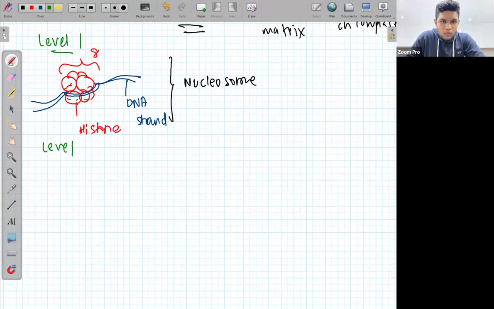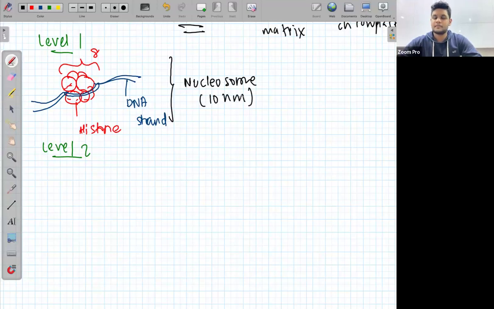In level 2, this nucleosome is present, right? This nucleosome has a dimension of 10 nanometer. This nucleosome will be packing. Now here, in the second level, they have given certain terms.